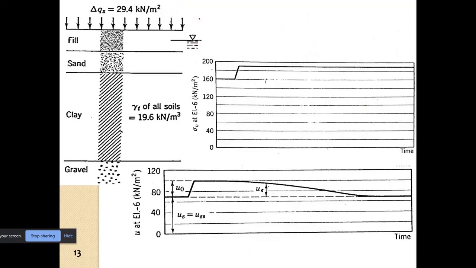But what about the load which was applied? That load is still there. The pore water pressure increased, and then with time it will slowly dissipate out. The hydrostatic or static pore water pressure will always remain there, and the excess pore water pressure which was developed will gradually dissipate with time.